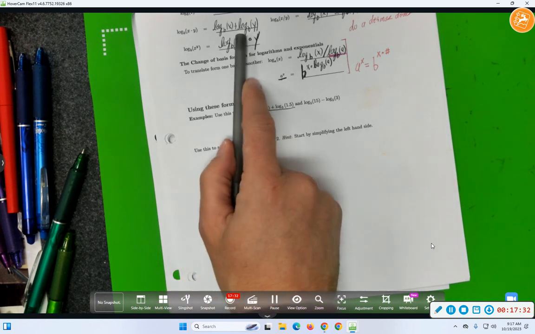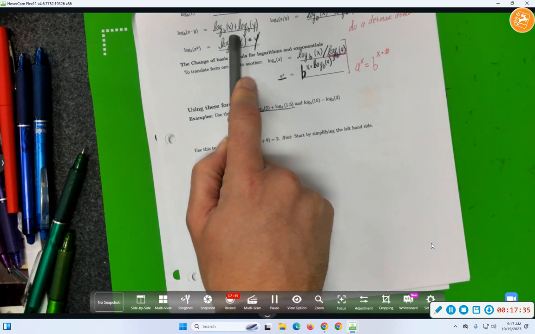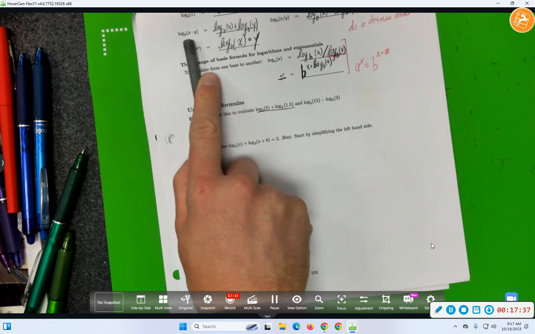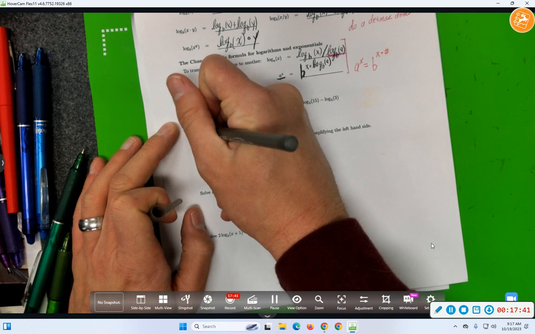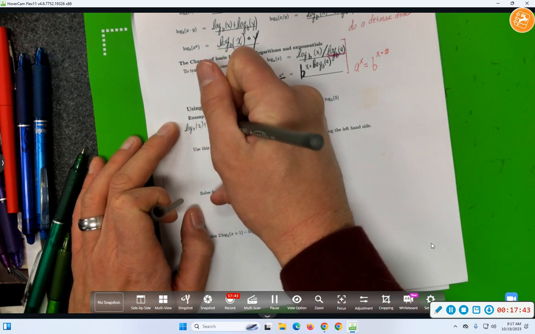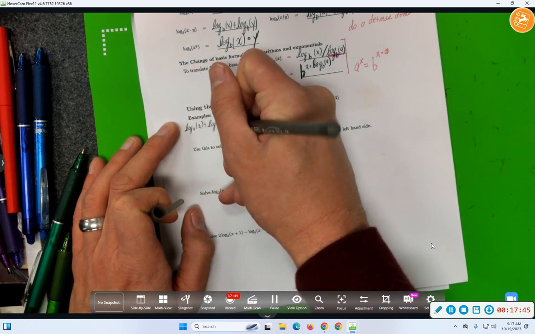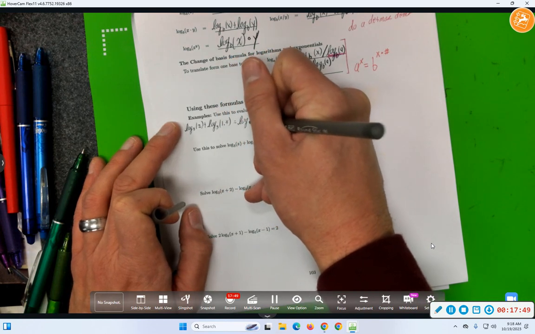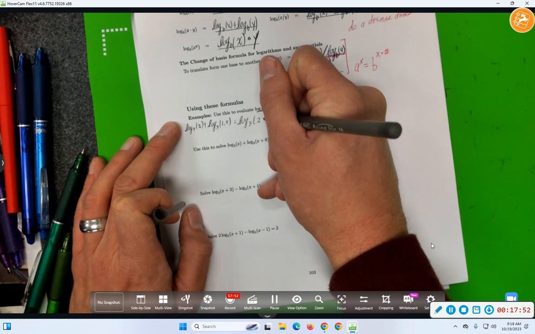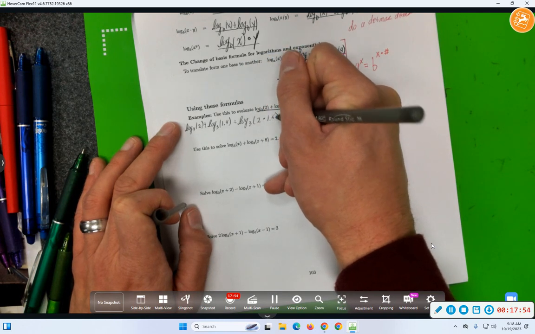Yeah, I see 2 different logs in a sum. I can combine those into a single log. Log base 3 of 2 plus log base 3 of 1.5 is the same as log base 3 of 2 times 1.5.